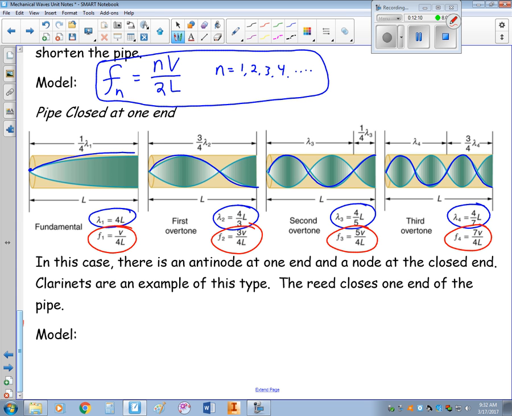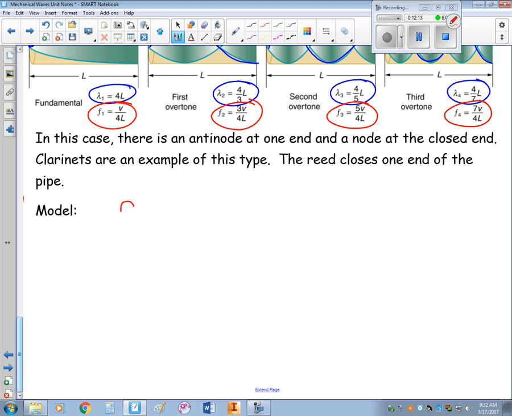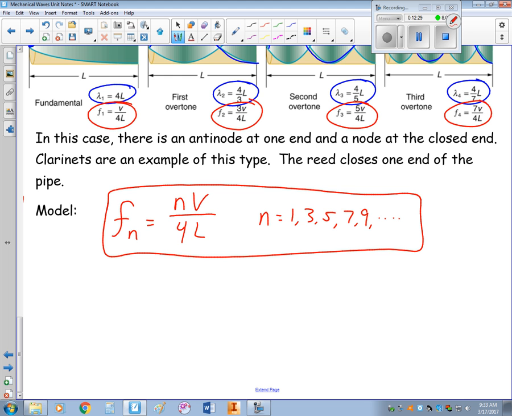So the model this time is now over 4L instead of 2L, and this time N only equals odd integers. So the first harmonic is N equals 1, the second harmonic is N equals 3, the third harmonic is N equals 5, the fourth harmonic is N equals 7, and so on and so forth.